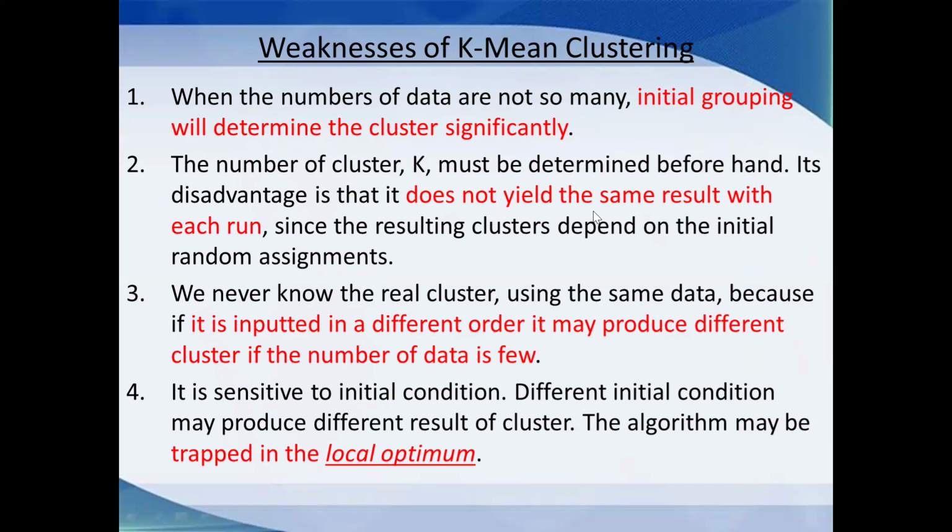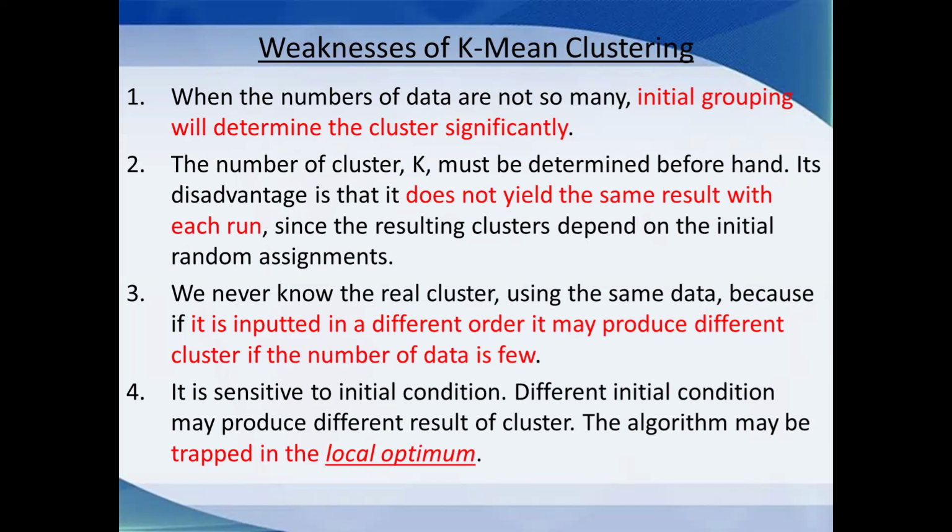Look at the weakness of this K-means clustering algorithm. So the initial formation is very, very important and it will decide the performance of this algorithm. And for every run or execution, it produces different results.